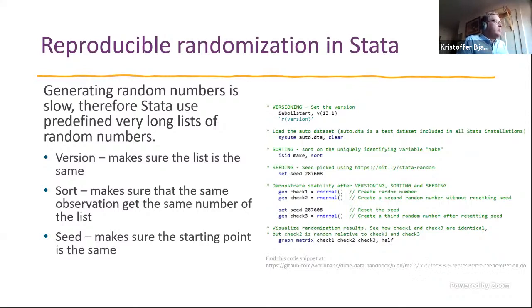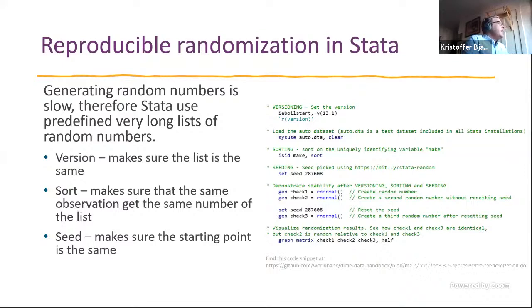To make sure that your code is reproducible, you have to indicate to whoever will reproduce your code which version to use. We recommend using our command ieboilstart because that's one of the things it does. It sets the version so that in all random processes, the same predefined list of random numbers will be used.